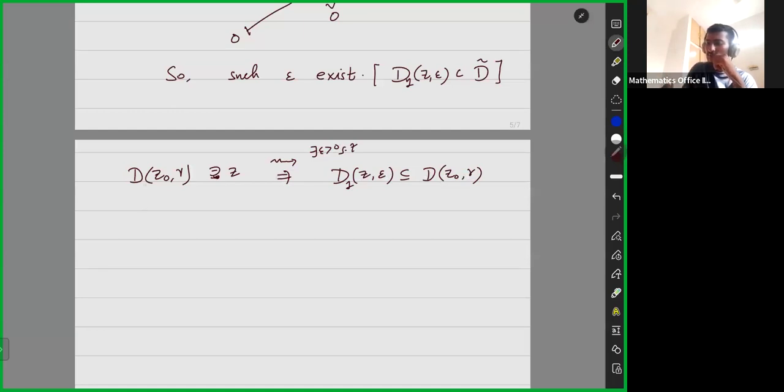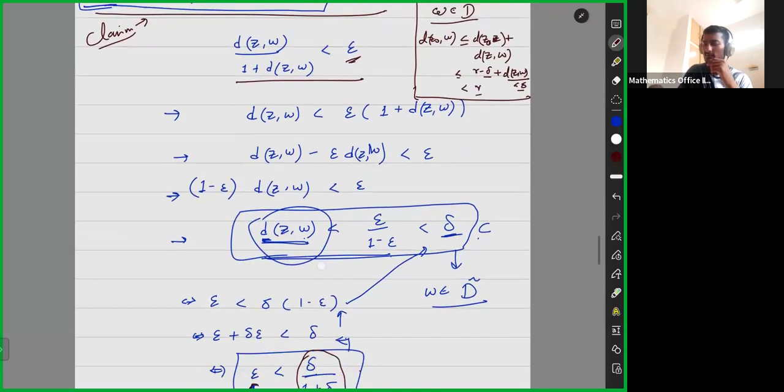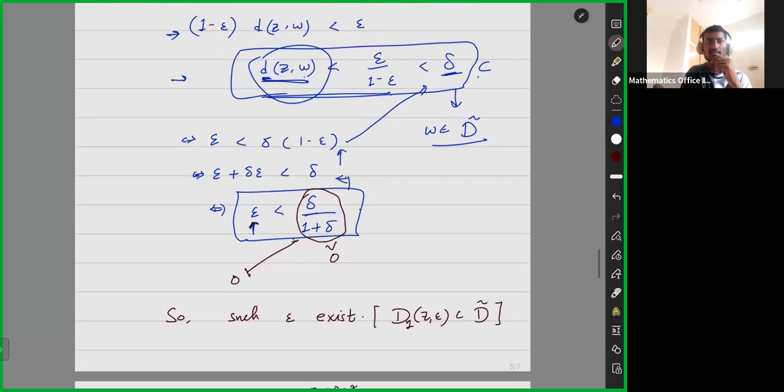Similarly, we can show if you have d1 z r, there will exist d z epsilon which will be contained in d1 z not r. So this is a vice versa kind of condition. So go through these lines once more. If you don't understand, you can ask.